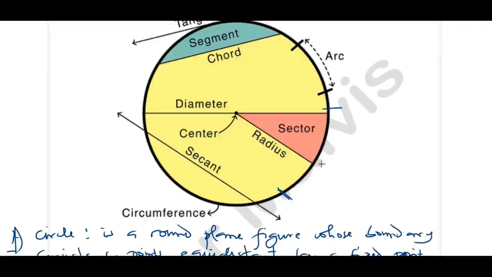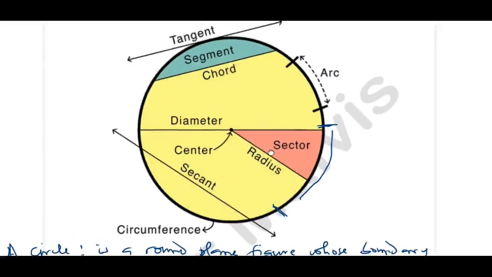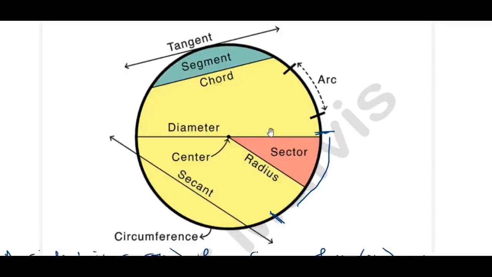So simply from here to here is an arc. Just like you are seeing here, this is an arc. And if you are cutting the circumference into two like this, it means that you are going to have a big arc and a small arc, which we often call the major arc and the minor arc.